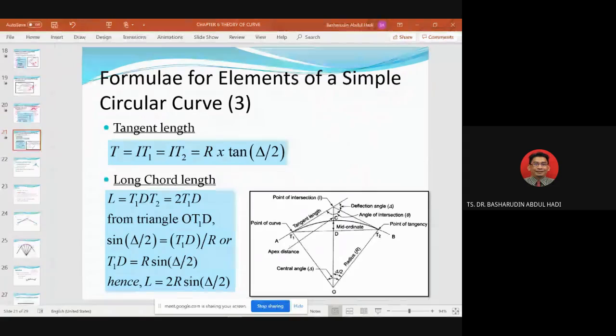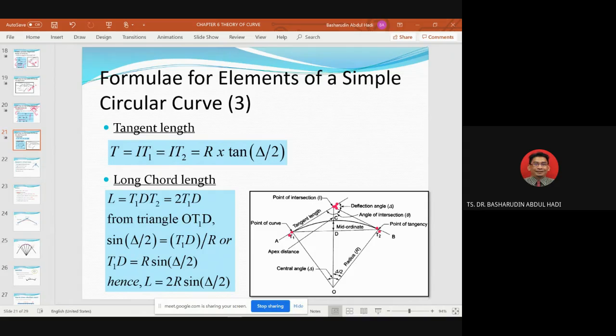Formula for the elements of a simple circular curve: T, tangent length. Where is it? T1 to I to T2, or T2 to I to T1. So we have two tangent lengths there. How is it calculated?